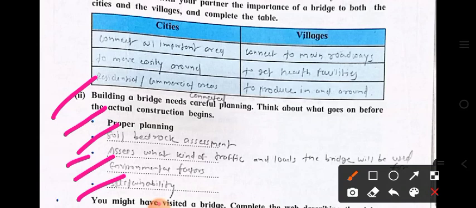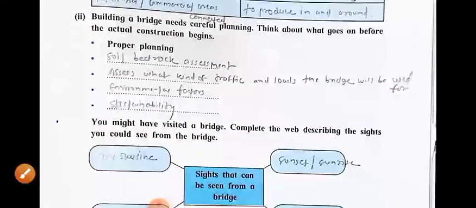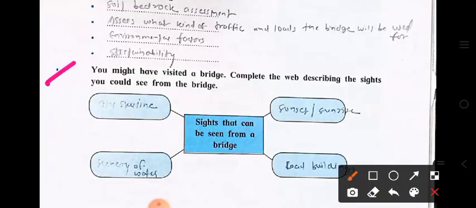So these are the more important things given there. One more point we have to add: planners provide alternatives for residents on the bridge side. This point we also have to add in the planning. So what about the third activity? You might have visited a bridge; complete the web describing the sights you could see from the bridge.